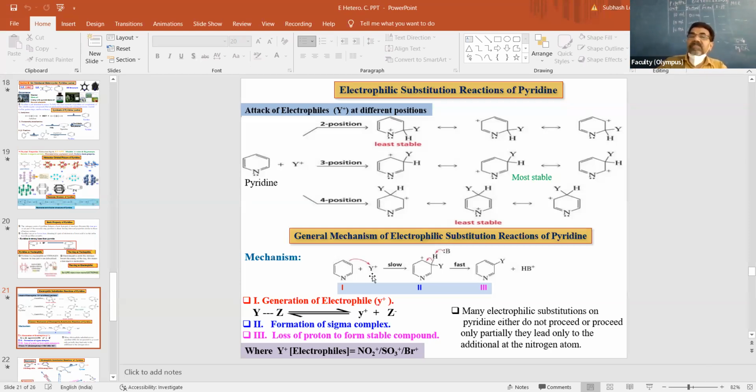First step, attack of the electrophile, giving an intermediate called the sigma complex, and then elimination: formation of electrophile Y, formation of sigma complex, and loss of a proton to form the stable product. Here Y is NO2, SO3, and Br; these are the positively charged electrophiles.